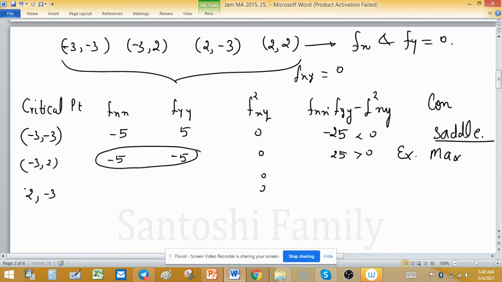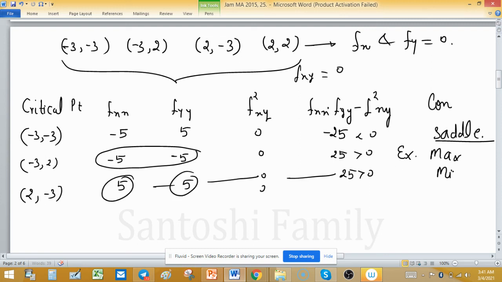2 comma minus 3: this value is 5, 5, this is 0, and the product is 25, again greater than 0, but you can check these are positive, so this is a point of minima or local minima.